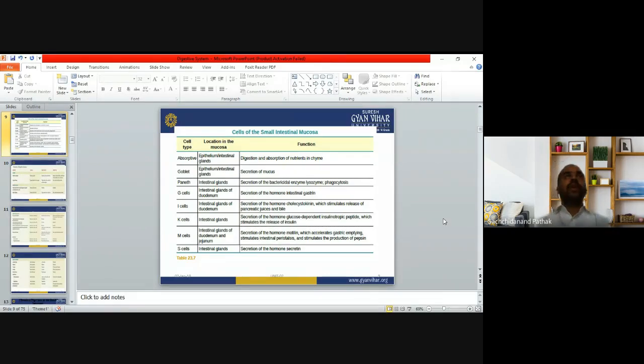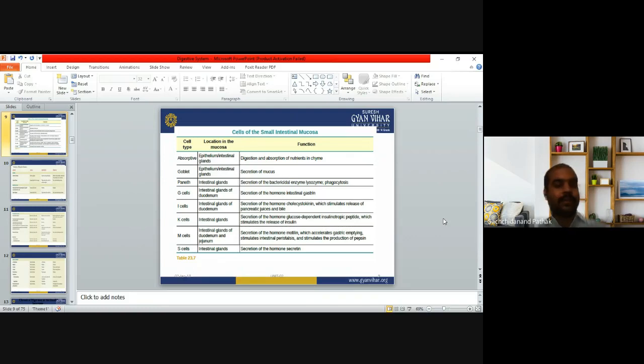Most importantly, the Paneth cell acts in phagocytosis, the goblet cell secretes mucus, the G cell secretes the gastrin hormone, and the I cell secretes cholecystokinin, which stimulates pancreatic juice and bile.